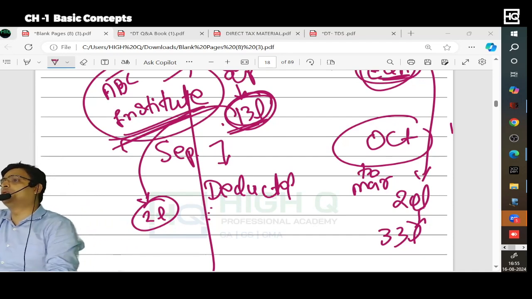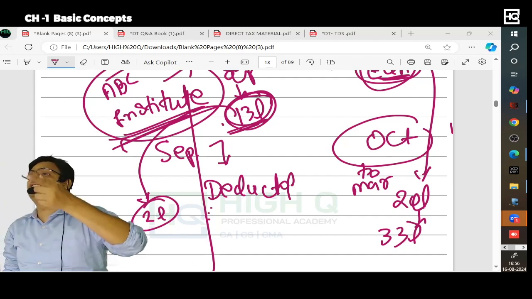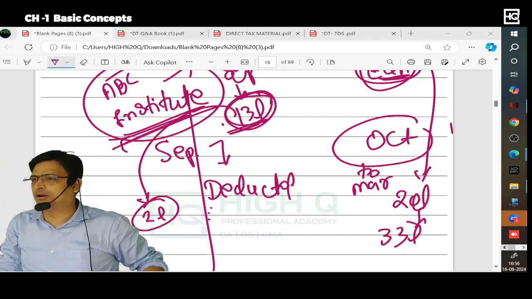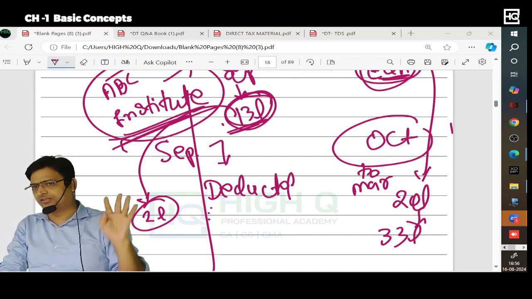First priority should be law theory. Second, do question answers of direct tax theory, and third, direct tax question answers. Fourth, I don't know, your time will not permit, so do these three homework. That much will be sufficient.